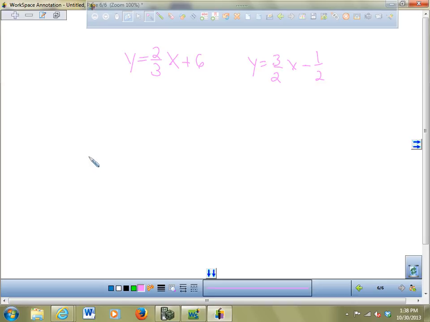Would you know how to do that? You use the substitution property, since this equals this and this equals this. To find where they intersect, you set them equal to each other.